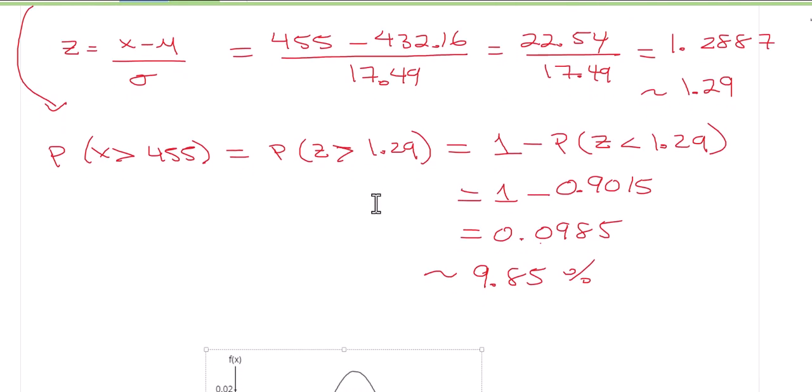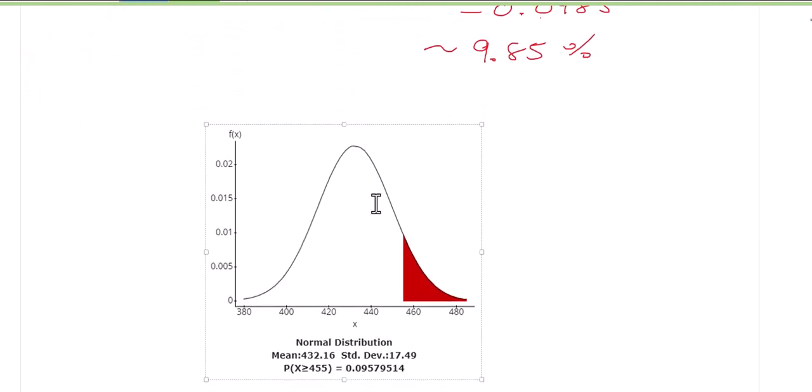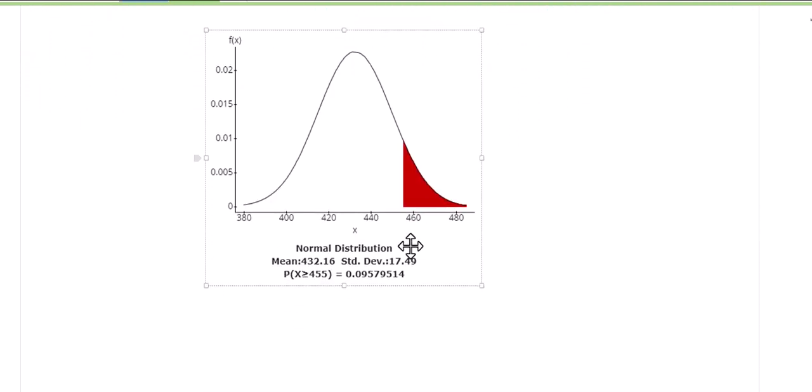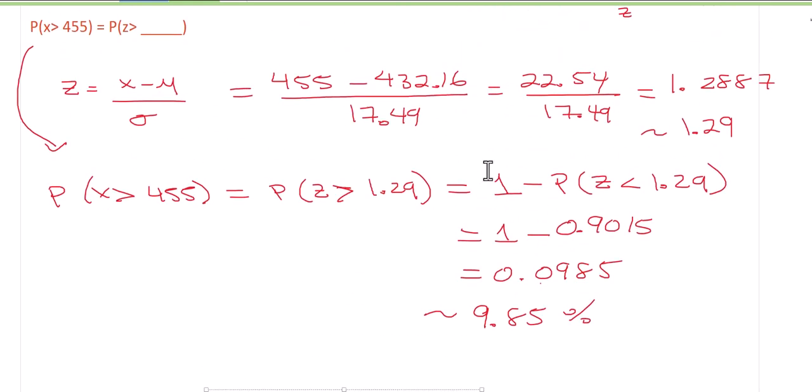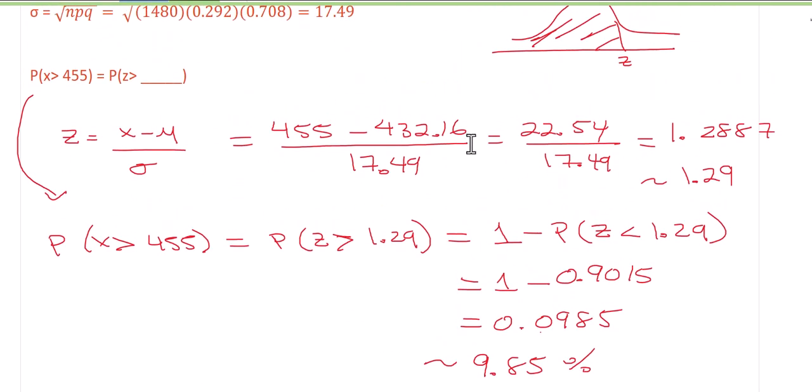So I have a feeling that there's an algebra error here. These answers should be the same, and I think I just noticed what it is. 455 minus 432, that is not 0.54. So I have a little algebra mistake there.